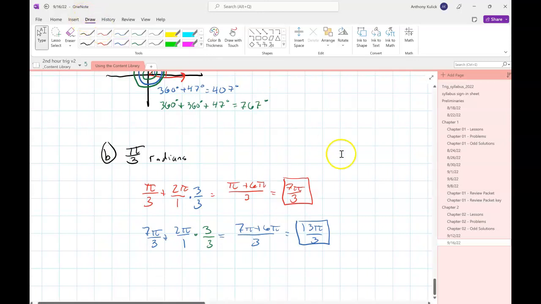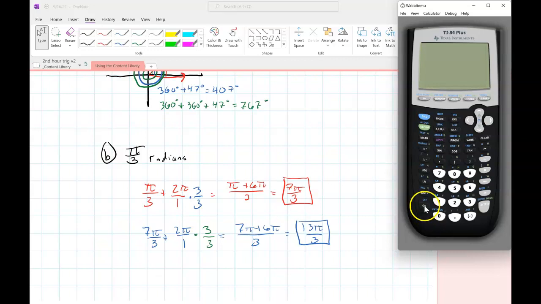Now, if you're like Mr. Kulik, I despise fractions. Is there a way for me to do this still on my calculator? Here's what you can do. I can do this same problem on my calculator if I leave the pi's out, do the arithmetic, and then put the pi's back in at the end.